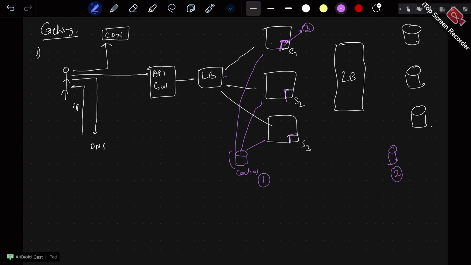Then in front of the load balancer itself you can have a cache, right? In front of this API, after the load balancer it won't go anywhere, it will just route it, right?